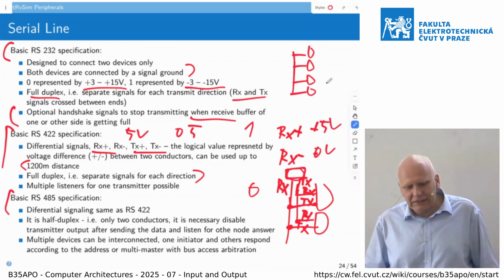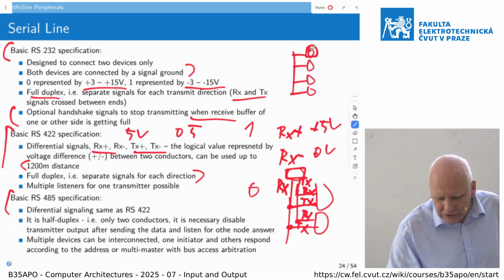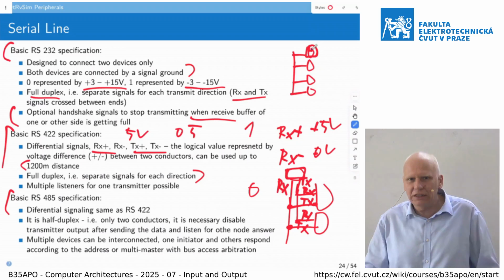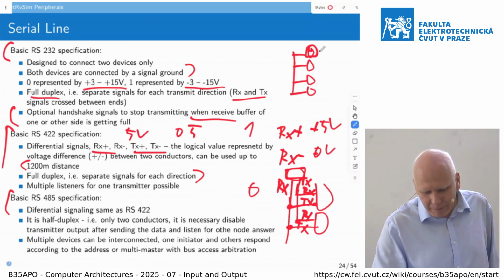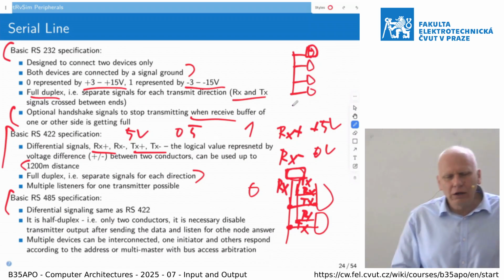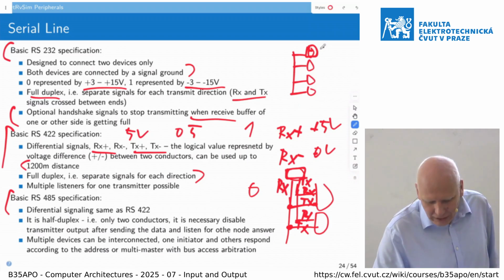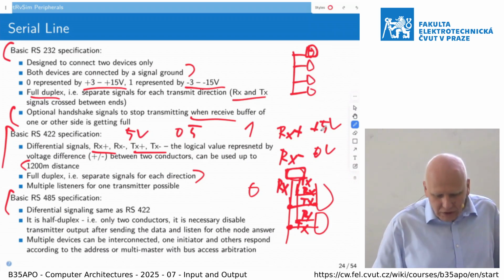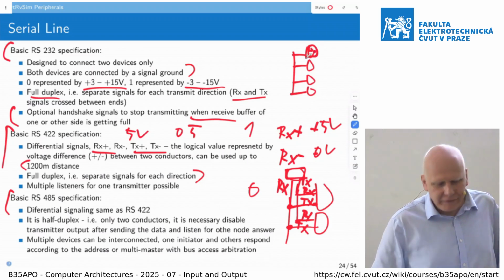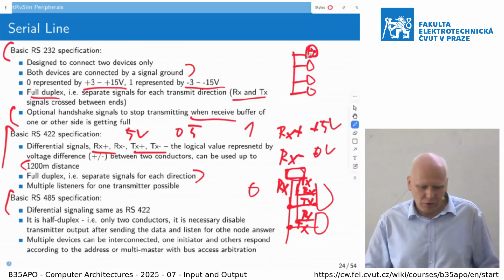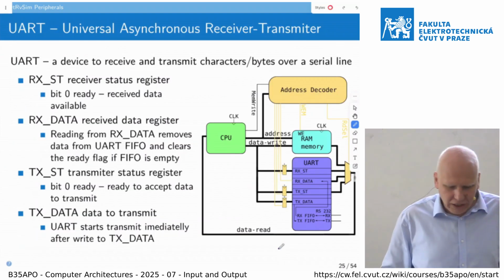On the other hand, in this case, it is necessary to ensure that at a given instant of time, only a single device starts to communicate, because otherwise there is a collision. So there can be some mechanism for allocating the bus to the individual devices, for example, by passing some token or by some rules about which device can communicate at which time and so on. So this is the option for this kind of communication.